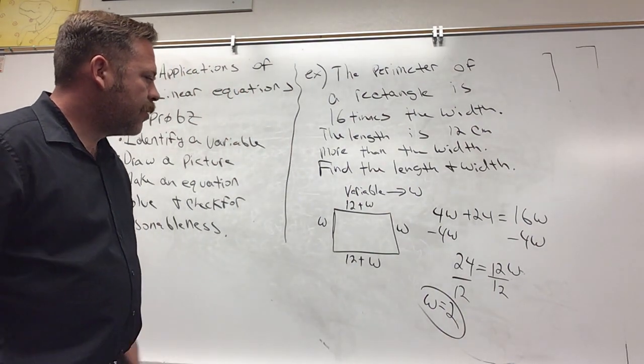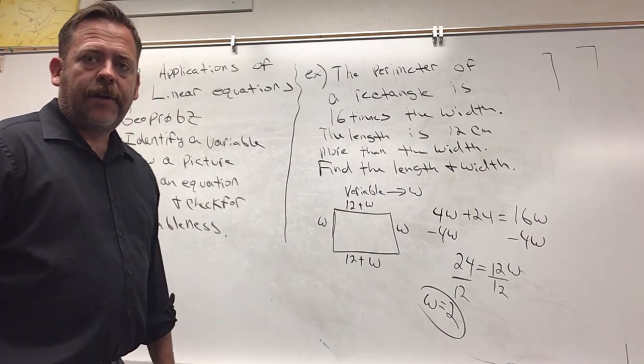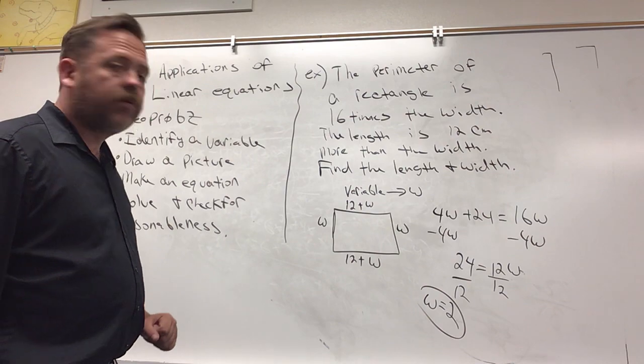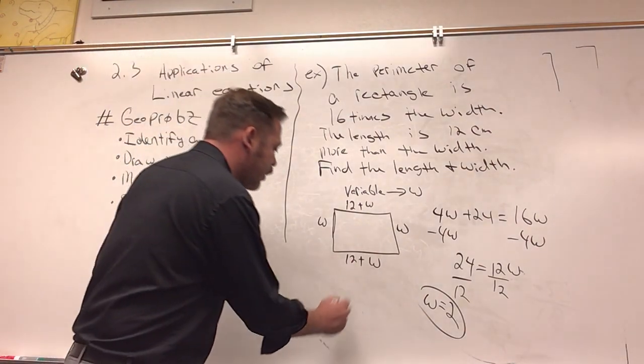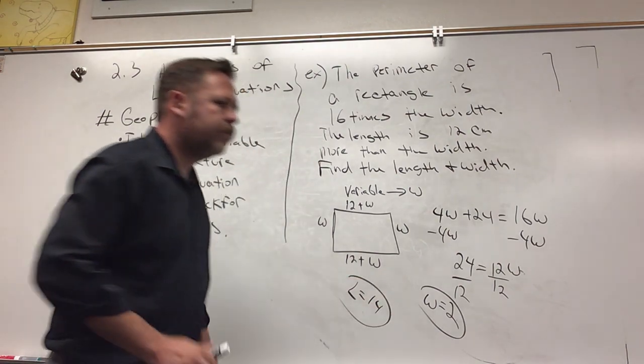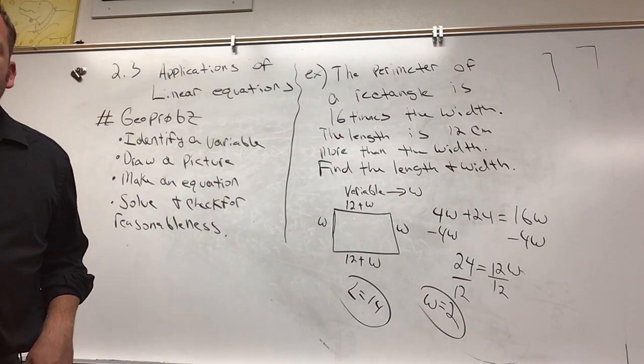And my width is 2. How can I use that to find the length? Yep, you guessed it. I can replace this W with 2 and add it to 12, and my length is 14. Okay.